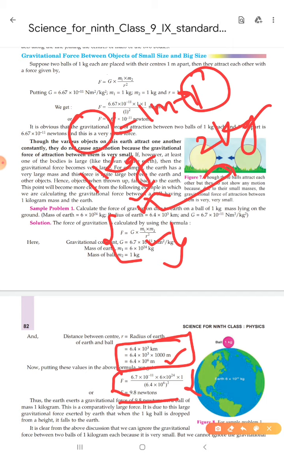So we are not able to see this gravitational attraction force between two bodies which are in front of us. But if we want to see this gravitational force, then we can think about larger bodies like Earth, whose masses are big enough in comparison to 1 kg or 2 kg.